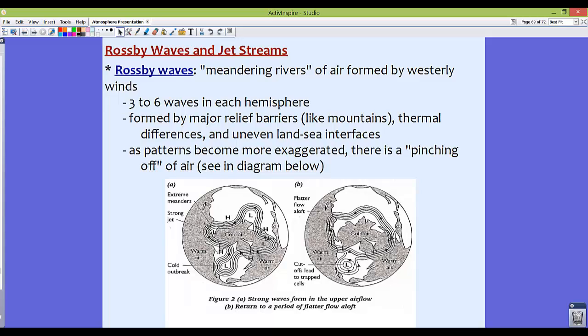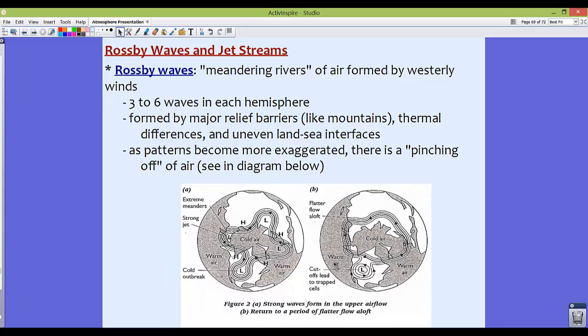Again, depends upon what's going on. The barriers, thermal differences, land and sea interface changes. Once we have these bands sort of doing these really extreme meanders, they're going to pinch off, much like those oxbow lakes when we started talking about rivers previously. So they're going to sort of pinch themselves off, and they're going to become their own little cell.